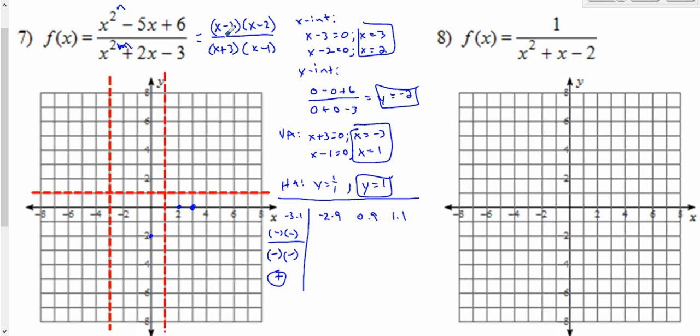When I plug in negative 2.9 minus 3, I get negative. Negative 2.9 minus 2 is a negative. Negative 2.9 plus 3 is a positive. Negative 2.9 minus 1 is a negative. 3 negatives make a negative.